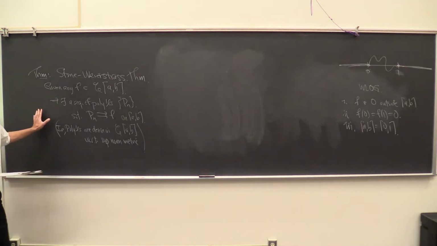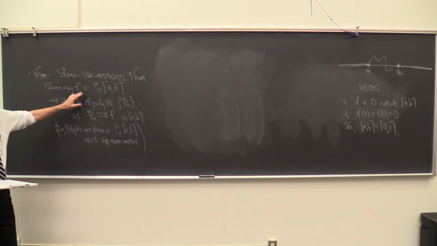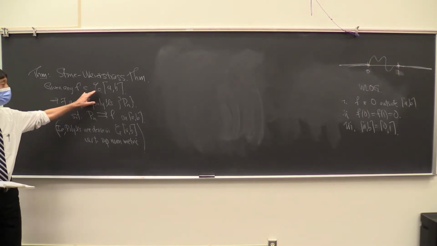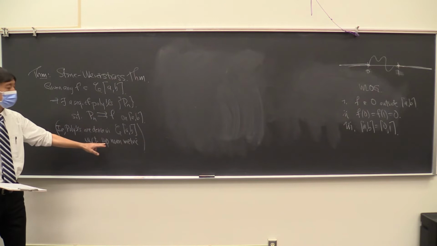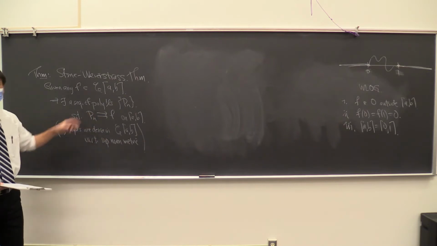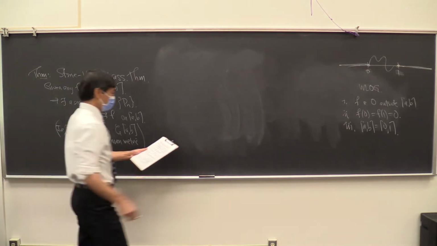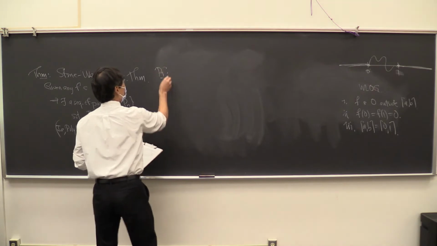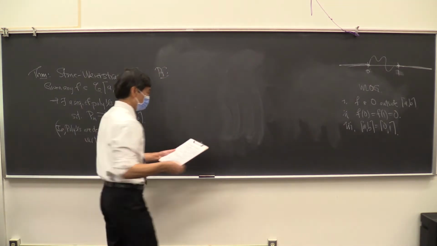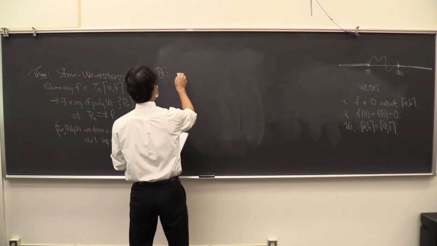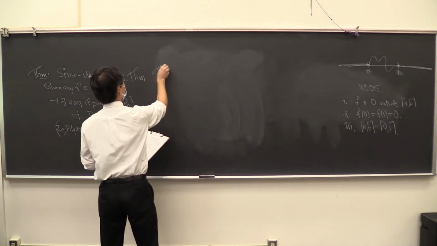So the Stone Weierstrass theorem shows that continuous functions can be approximated with respect to the sup norm metric by polynomials. Here's the proof. This is pretty cool. Let me put down the idea first.